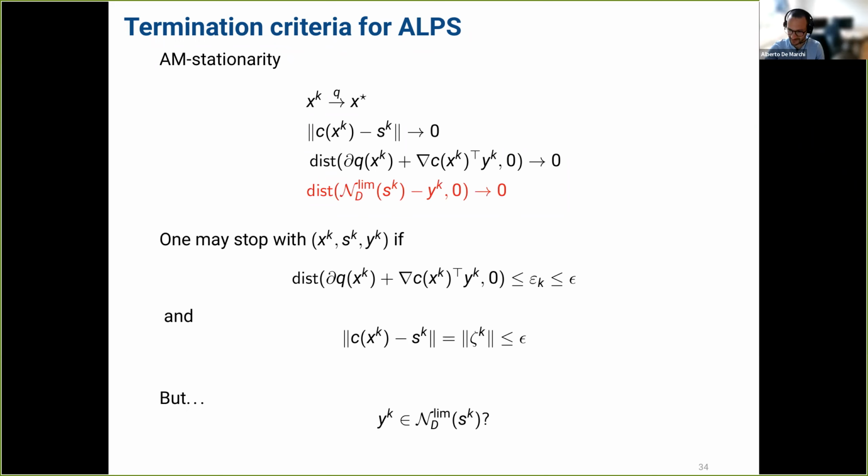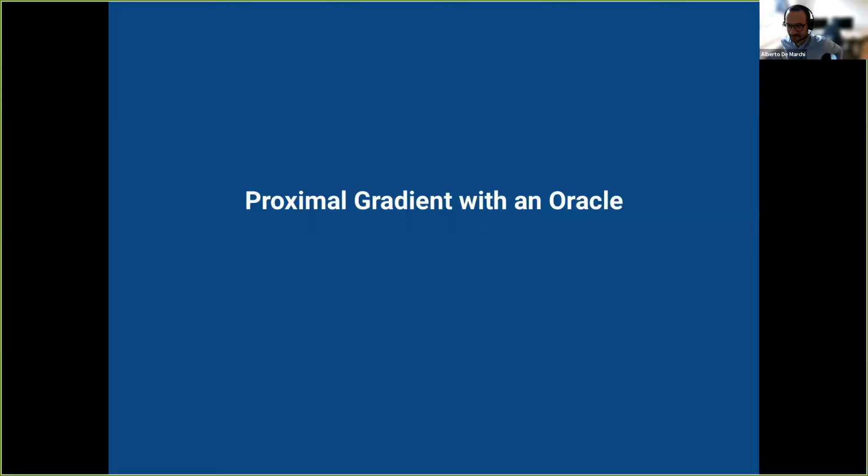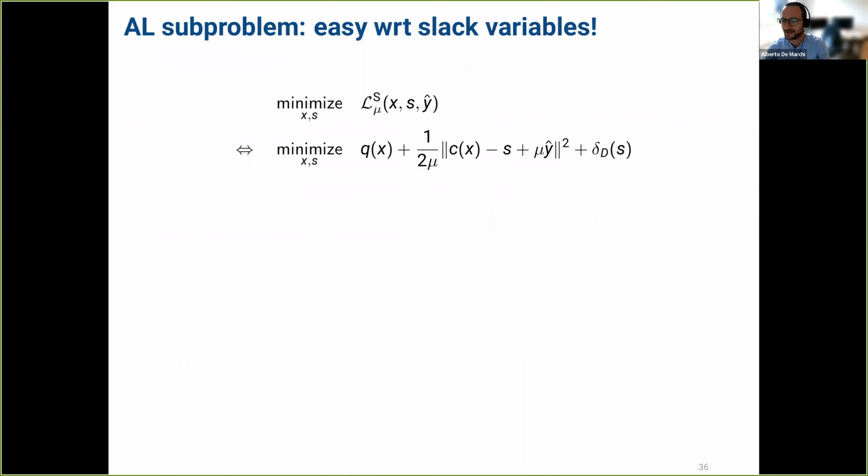This is not in the termination criteria that we will use, and the reason is here. So we consider the proximal gradient method to solve the subproblems, but there we also use an oracle. This is how I call it, and the idea stems from this observation that the subproblem is easy with respect to the slack variables.